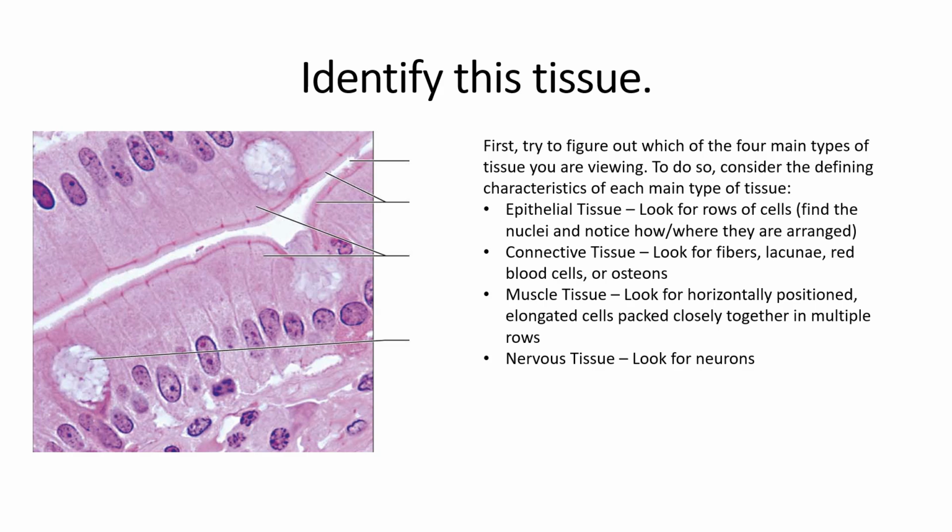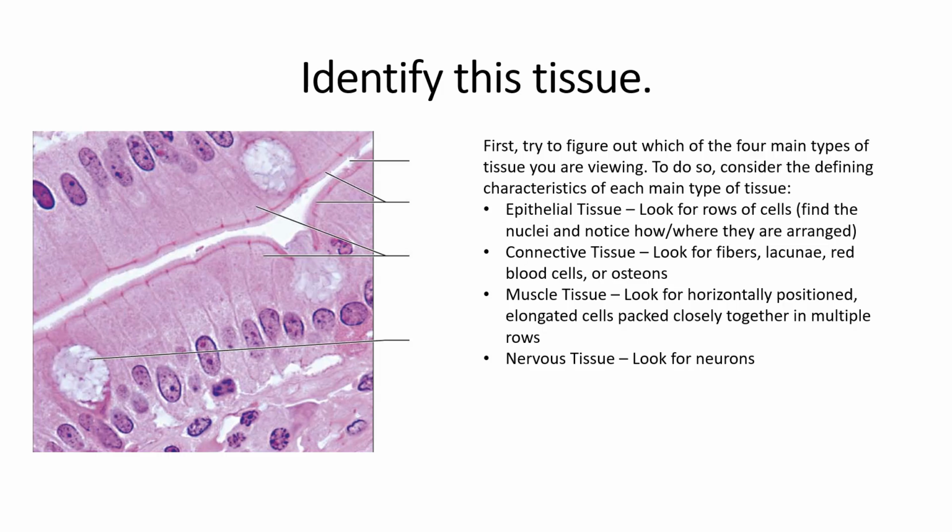Some things you can do to try to figure out what it is you're looking at. The first thing you need to do is try to figure out which of the four main types of tissue you're viewing, right? To do that, consider the defining characteristics of the four main types of tissue: epithelial, connective, muscle, and nervous. For nervous tissue, we just looked at it.